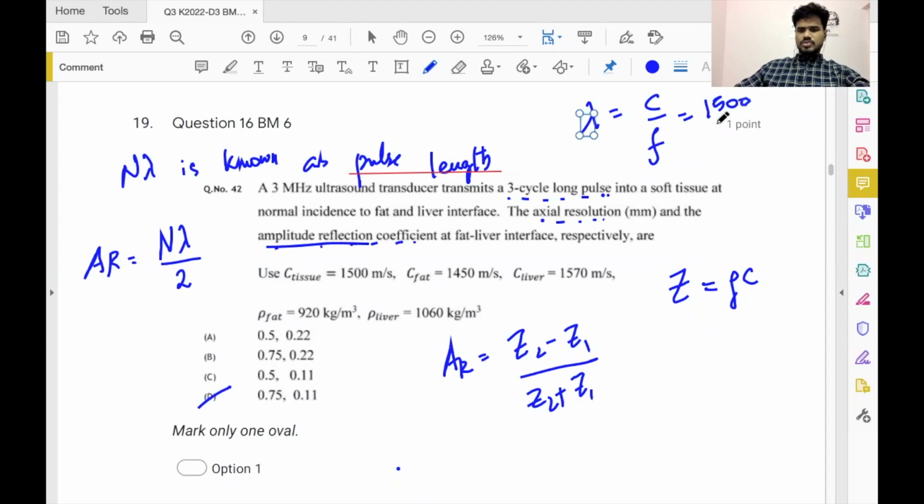So we have to do 1500 by 3 into 10 power 6. This will be in meters, meters per second divided by per second. So this answer will be in meters, and then convert that into mm. Yes, sir.